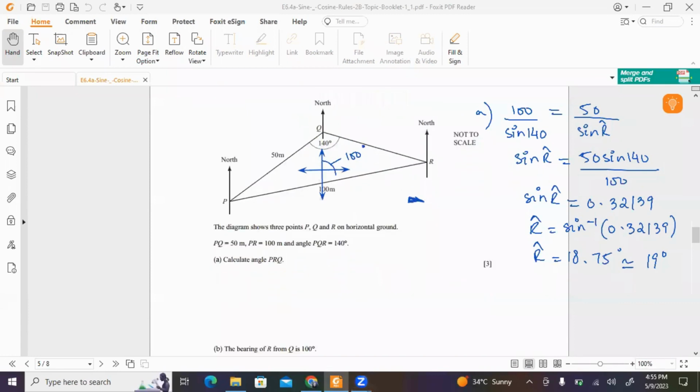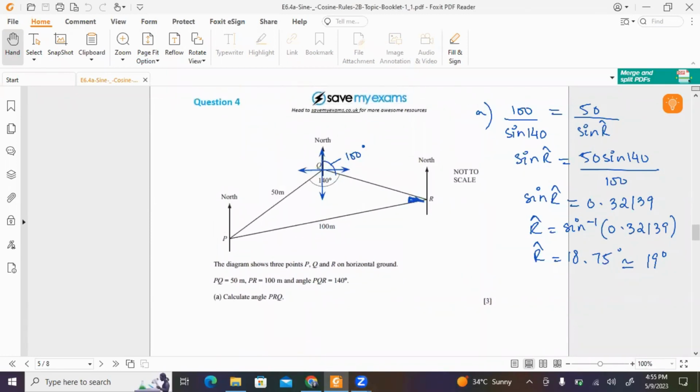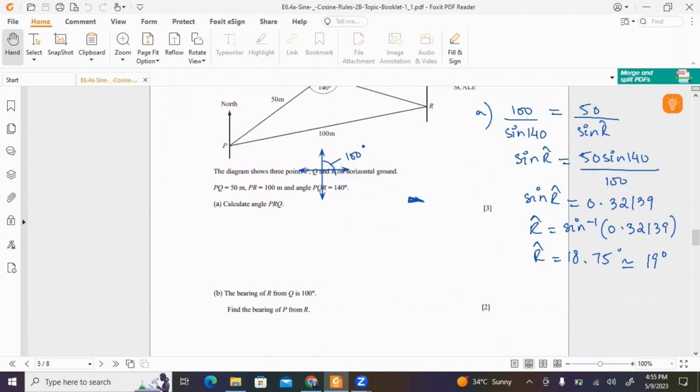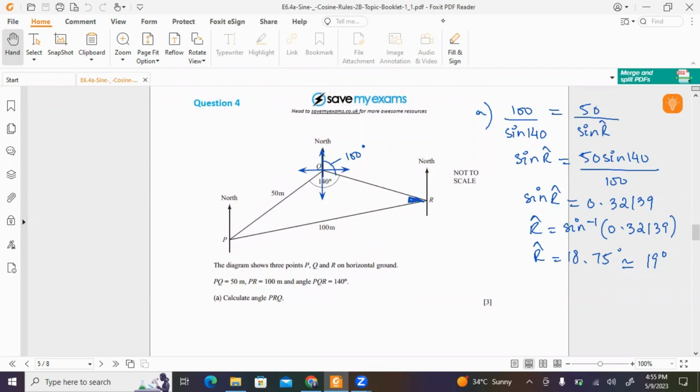They want us to find the bearing of P from R. So for P from R, we draw the compass at R.